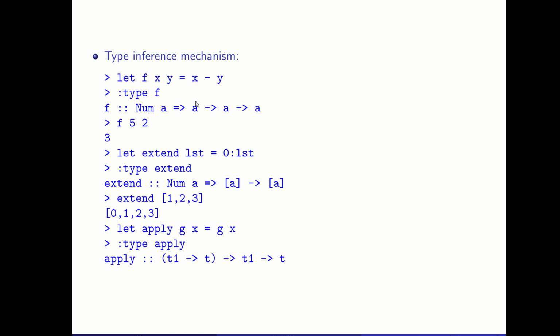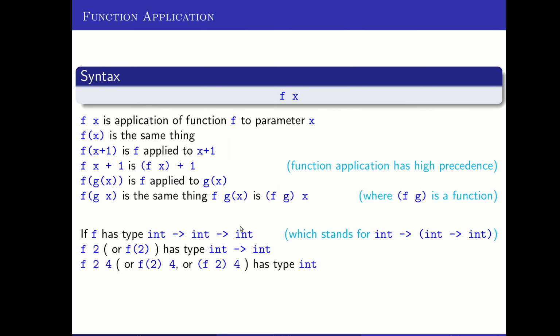It had this a to a to a sort of structure, and we framed that as it takes two a parameters and returns an a. But another way of thinking of it is that if it's given one Int, it will return a function that takes only one more Int and gives us an Int result. These should be capital I, by the way.